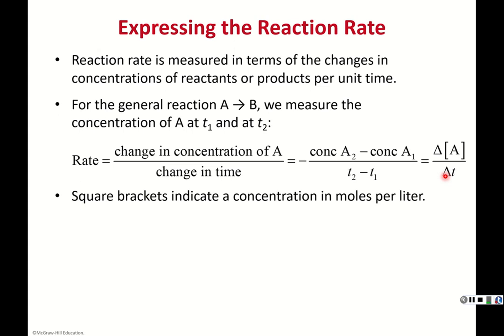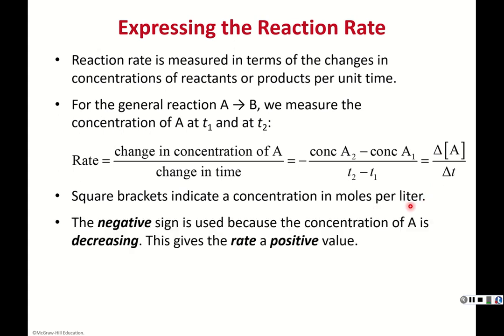As we've mentioned before, just to remind ourselves, those square brackets indicate a concentration, in moles per liter, molar. A negative sign is going to be used in this case, even though it's not shown up there, because the concentration of A is decreasing. A is a reactant, and it decreases because this reaction is going forward.